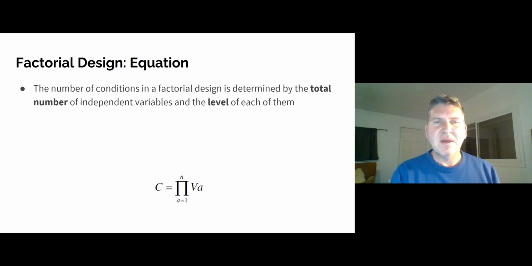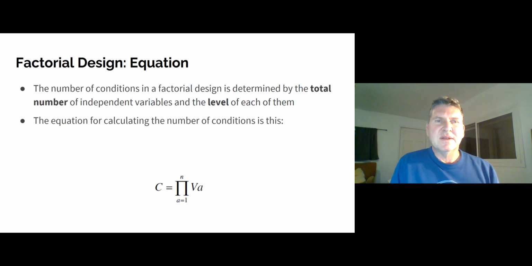In that case, we had two independent variables, and each one had three different categories. So we had a 3 times 3, or 9 different conditions that we had to evaluate. So the equation is given below.